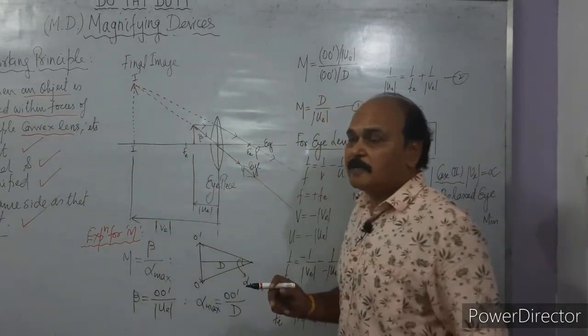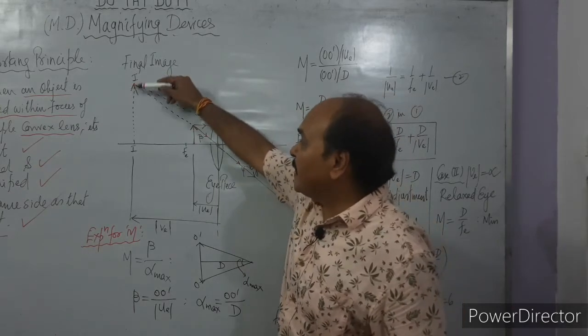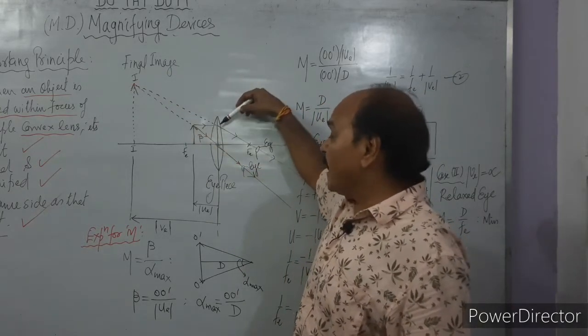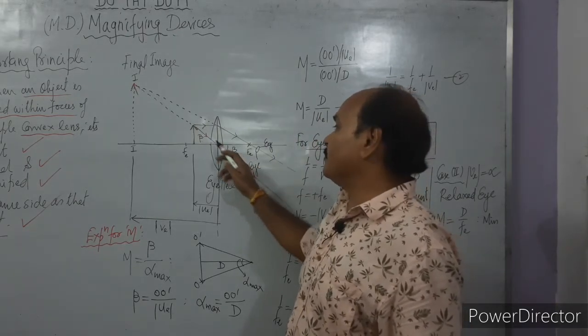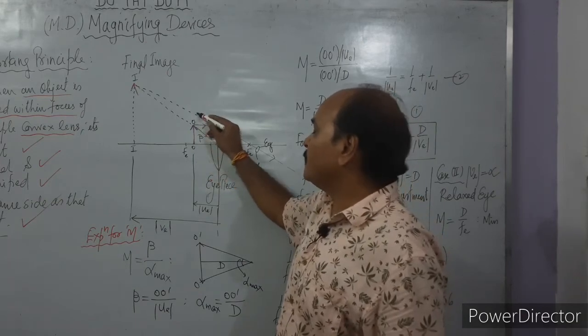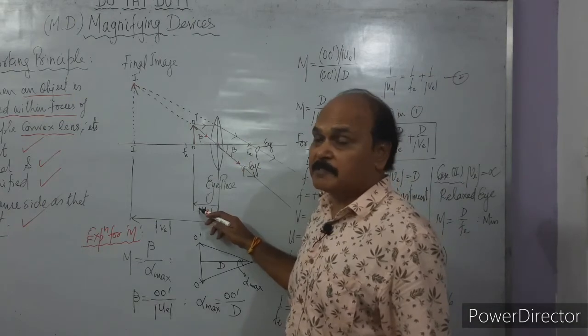From anywhere in this sector, if we look, we'll see the final image. And what is the angle formed by the image over our eye? The angle formed by the image over our eye is the same as the angle formed by the image over this eyepiece. This is angle beta. Well, this is object OO dash. Its distance is UE, the distance of the object from the eyepiece.